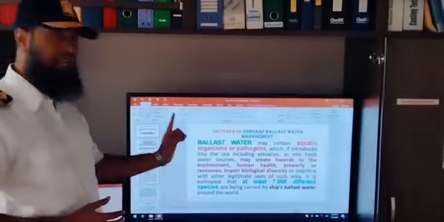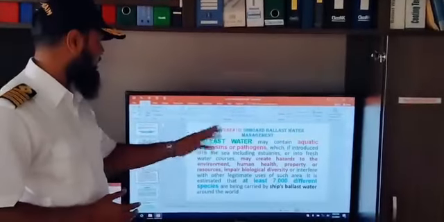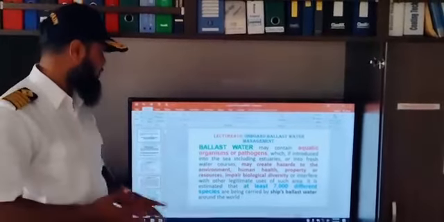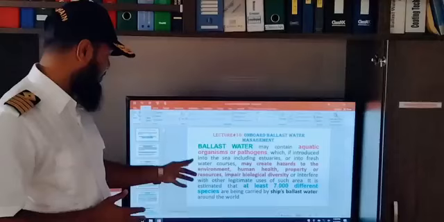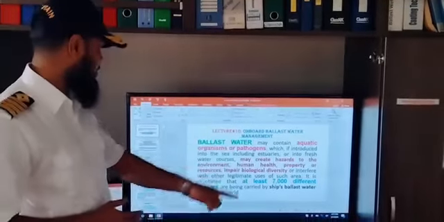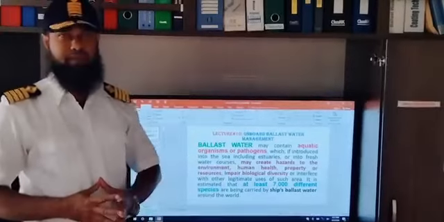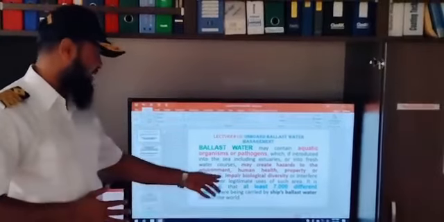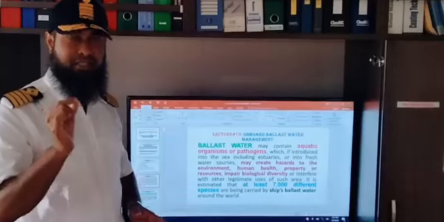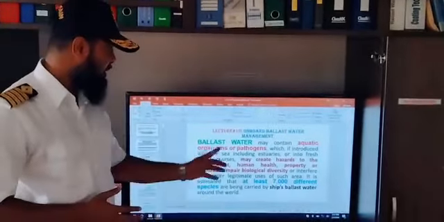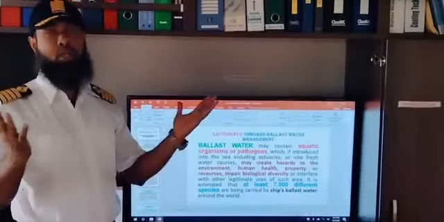But that ballast water may contain aquatic organisms or pathogens which if introduced may create hazard to the environment, human health, property and resources, and impair biological diversity. And it is estimated that at least 7,000 different species are being carried by ships' ballast water around the world.